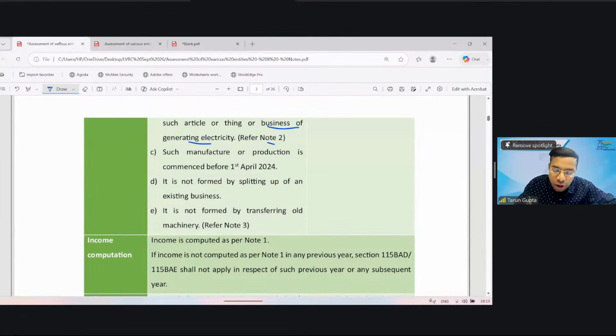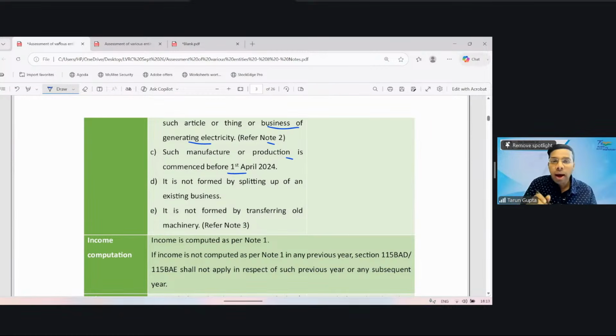Such manufacture or production is commenced on or before 31st March 2024. Okay, so this should commence before 1st April 2024. Since this is a concessional benefit and it is intended to be given to new cooperative societies, the law has imposed conditions to ensure that the benefit is given only to the new cooperative society and not to a reconstituted cooperative society already in place.